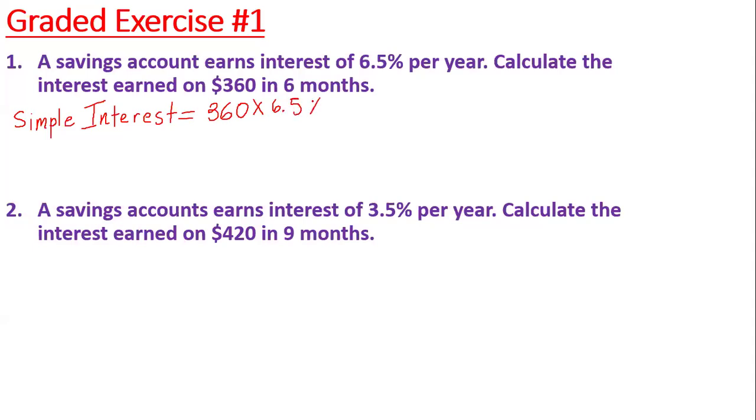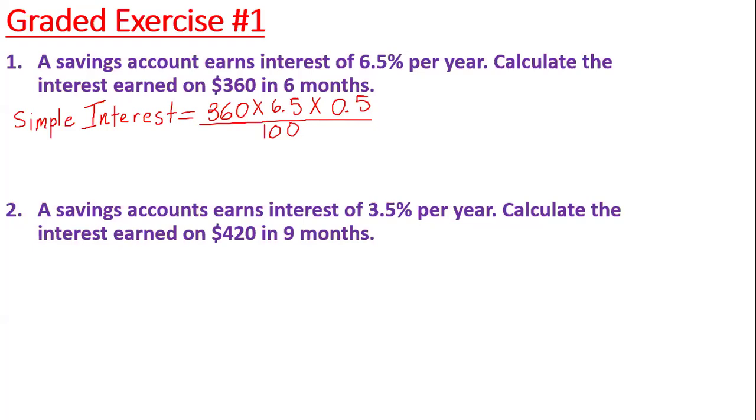Very good. Multiplied by the time. Time is what in this case? Half, so it's 0.5. Very good. 0.5, all over what? 100.